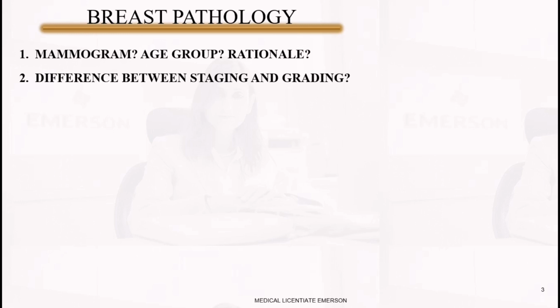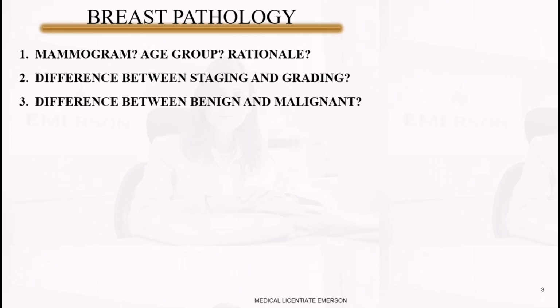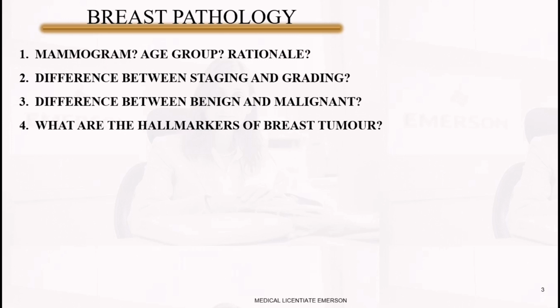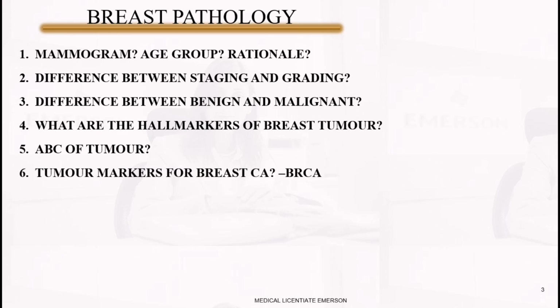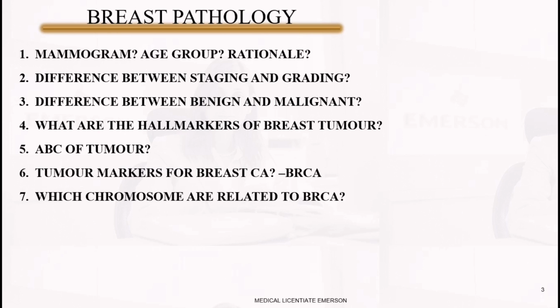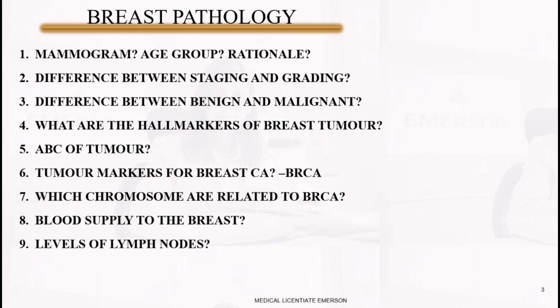Then differences between staging and grading of breast pathology, differences between benign and malignant, and what are some of the hallmarks of breast tumors. Then ABCs of tumor, tumor markers for breast CA, which chromosomes are related to BRCA, then blood supply to the breasts. I think this is easy.